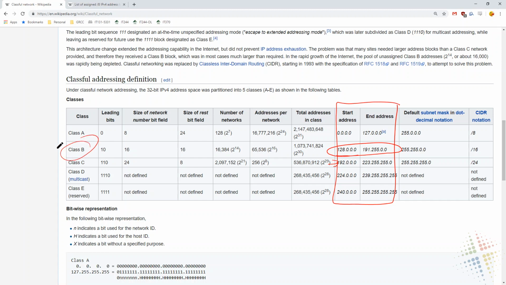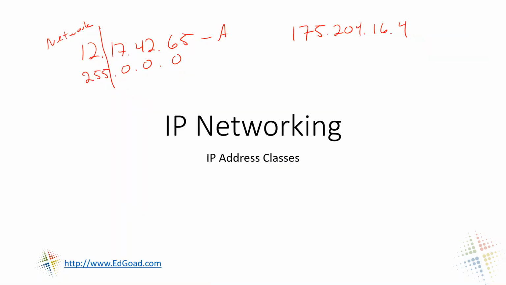So then I know immediately this is a Class B network, and here's my subnet mask. Class B, and my subnet mask is 255.255.0.0, which means right here is my break between my networks and my hosts. So this is my network address right there.